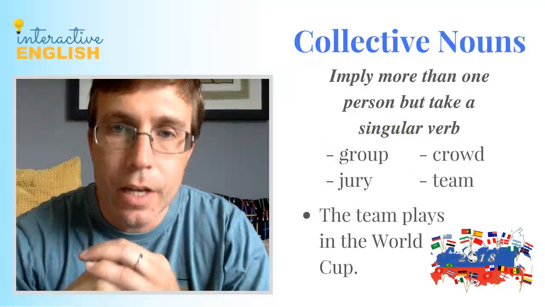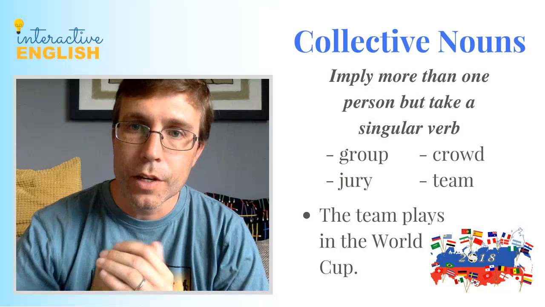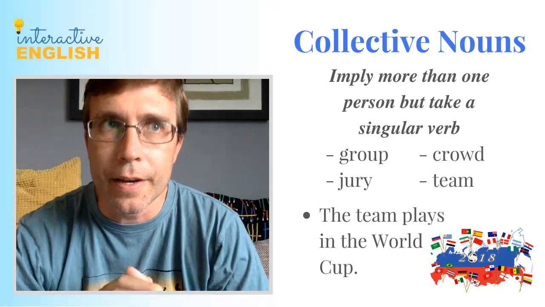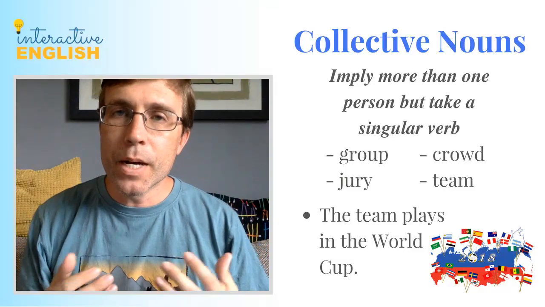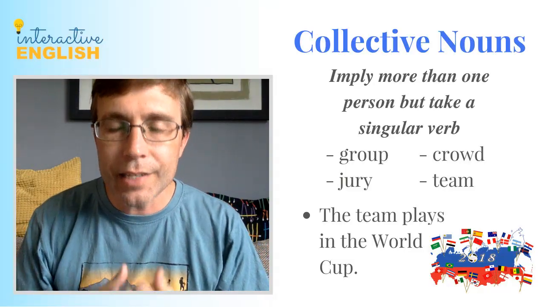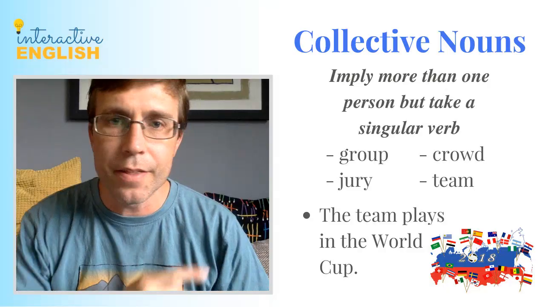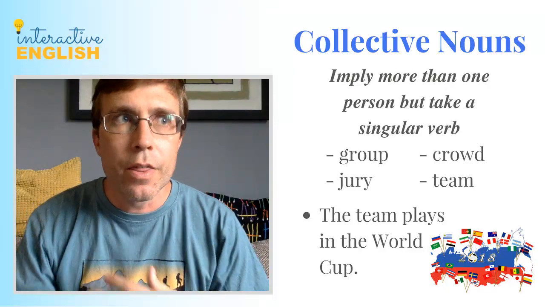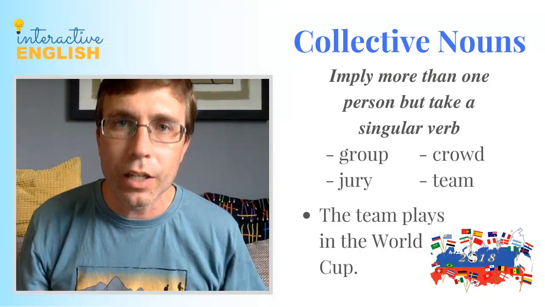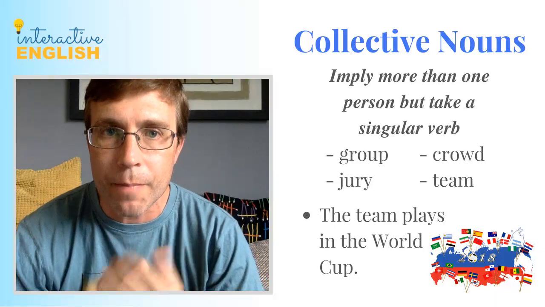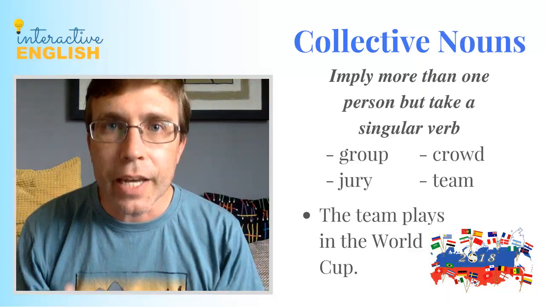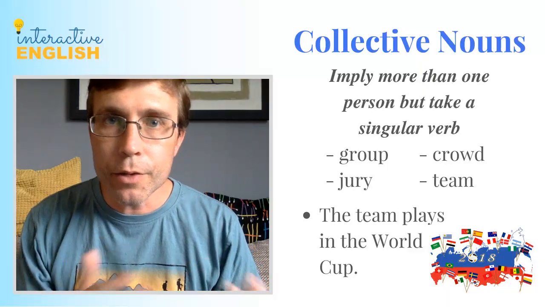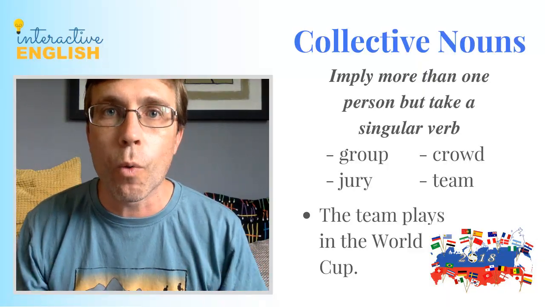Let's look at collective nouns. These are nouns that imply more than one person, but they take a singular verb. And these aren't all of them, these are just some. There are more collective nouns. If I'm talking about the noun group, just the meaning of the word, you think of it as talking about more than one.